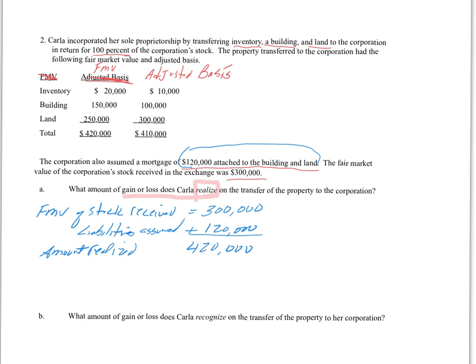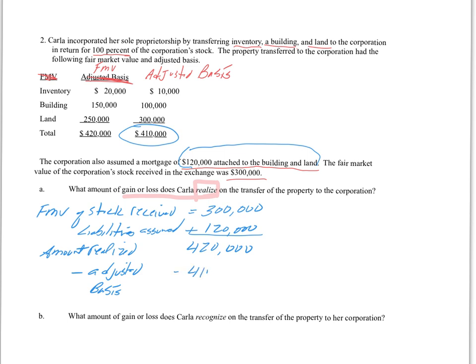Okay? Now, how do we calculate the gain? Well, we're going to subtract out the adjusted basis of all of that property. And we know that the adjusted basis was $410,000.